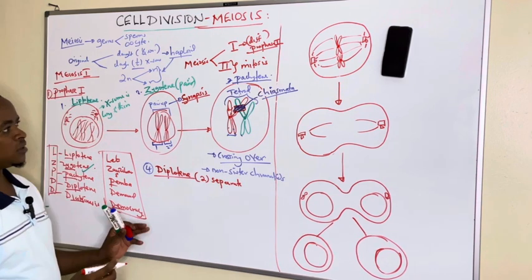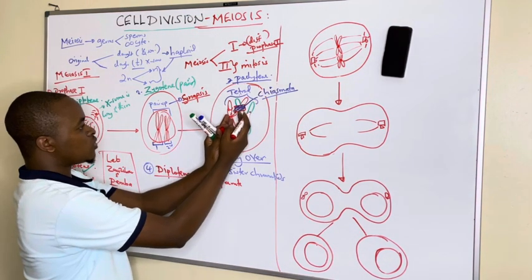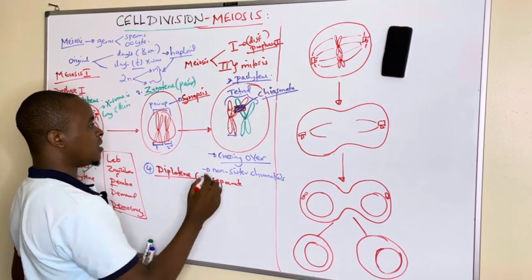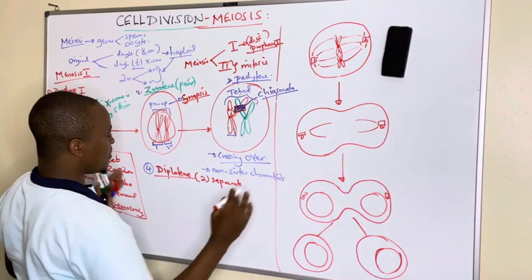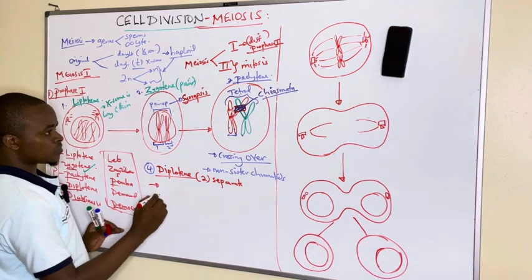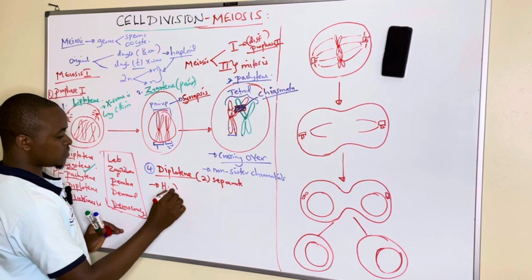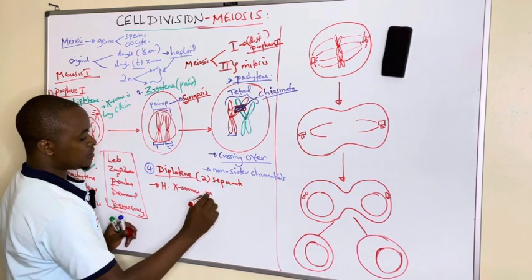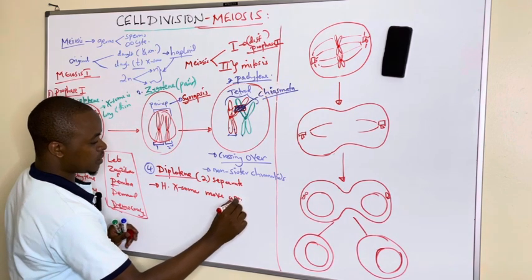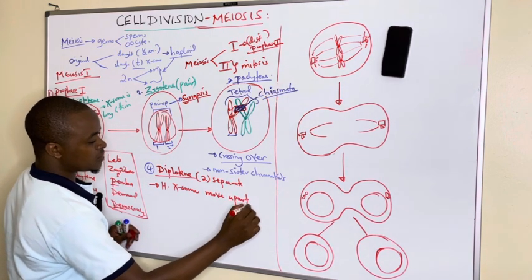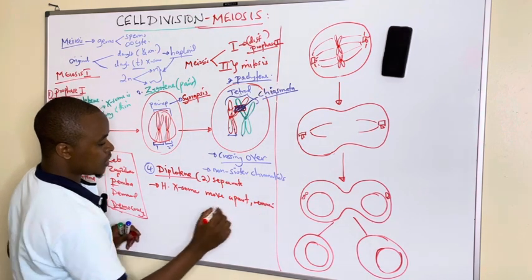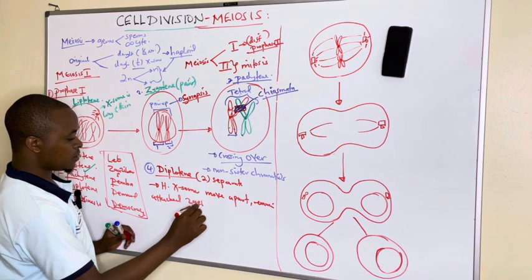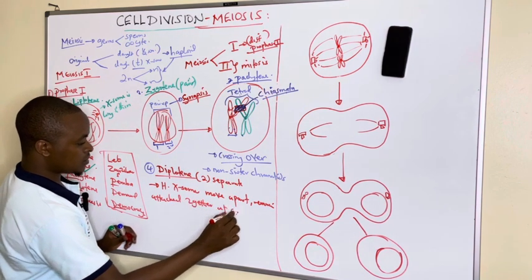So as much as these homologous chromosomes have crossed over using non-sister chromatids at the chiasmata, we are going to see them moving apart. During diplotene, the homologous chromosomes move apart, but as they move apart, they remain attached together at the chiasmata.